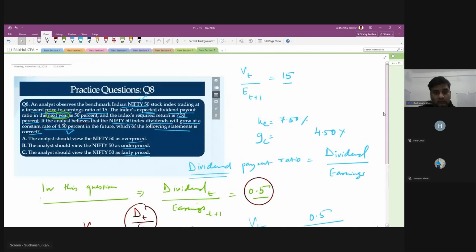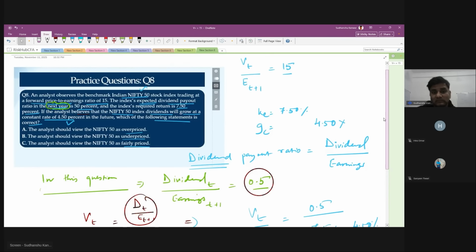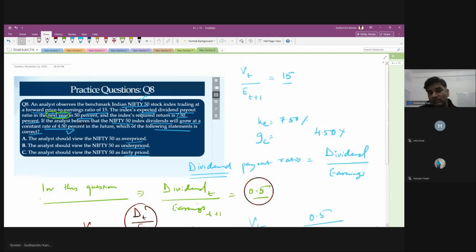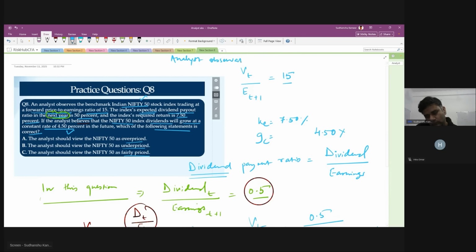Then the analyst has observed that the forward price to earnings was 15. This was the analyst's observation. By your mathematical calculation, you got 16.67.